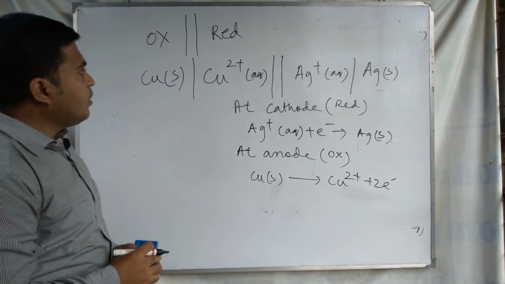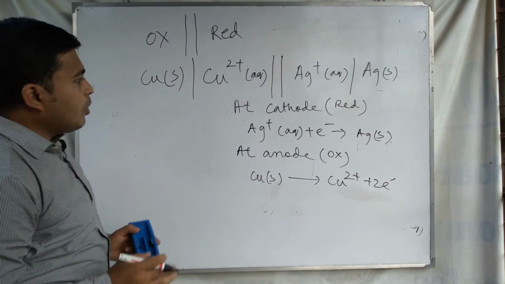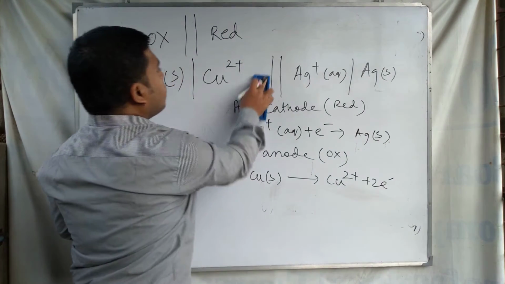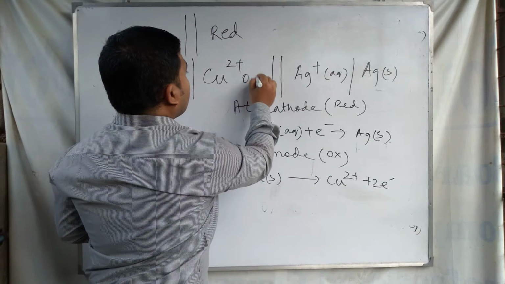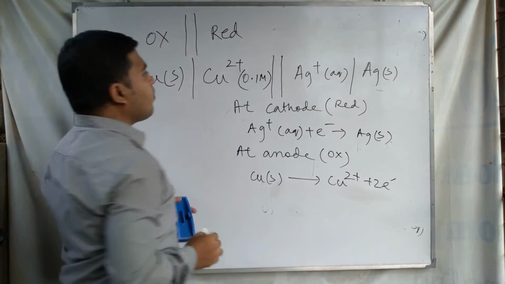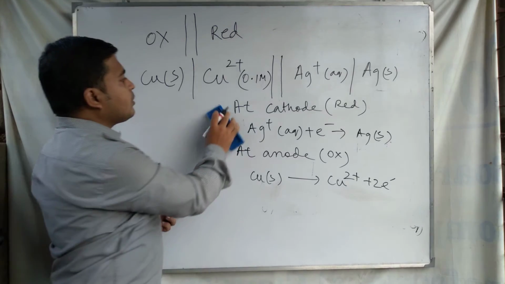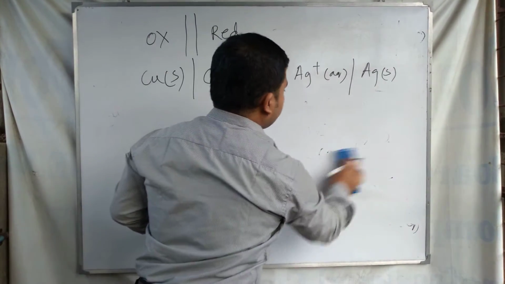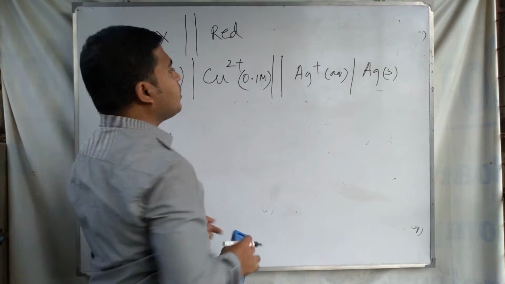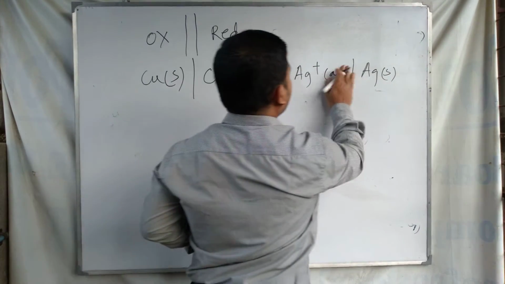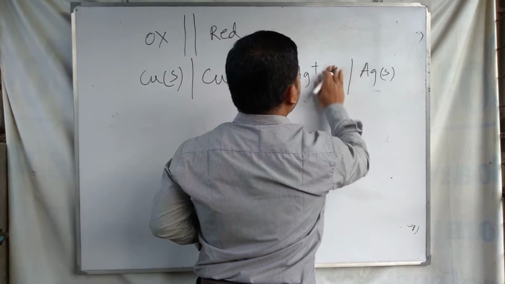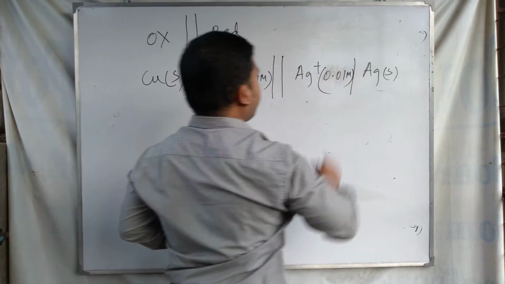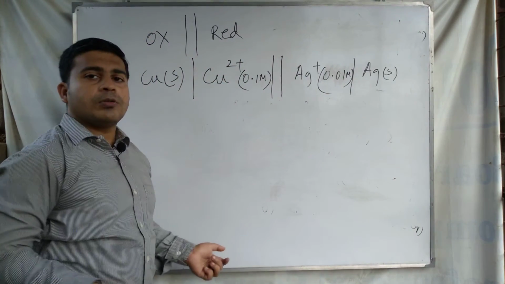And if in this case the concentration of the copper sulfate solution is fixed, at that time you can write the concentration of the copper sulfate solution here. And if the concentration of the silver nitrate solution is known, at that time you can represent here the information, 0.01 molar.